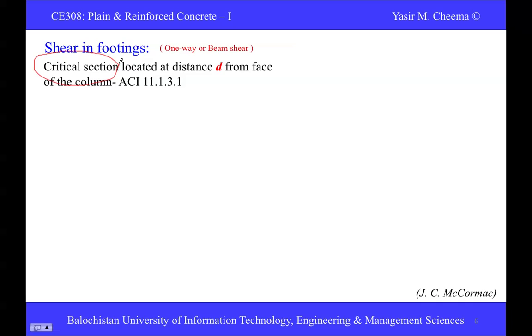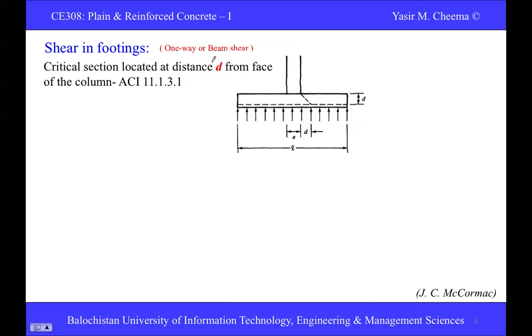The critical sections are located at a distance D from the face of the column. In our design, let's say this is the diagram. This is our column.